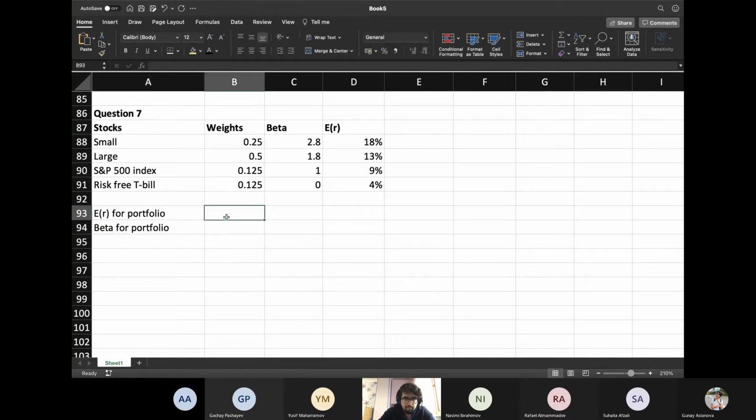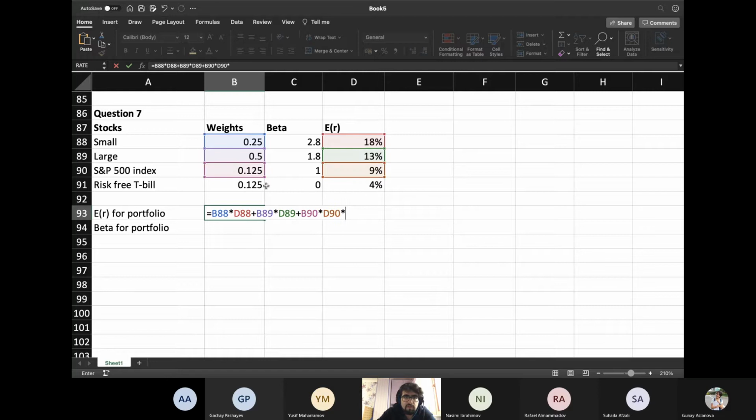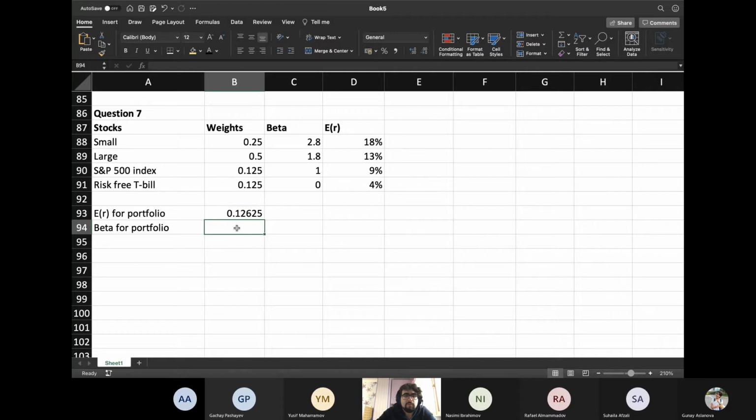Portfolio expected return: just take the weighted averages, plus this one, plus this, plus this one, plus risk-free rate weight. This is the expected return for the portfolio.